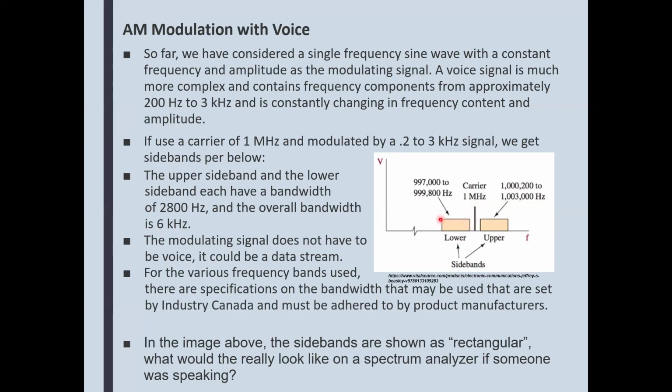It is going to create two sidebands, and the bandwidth of those sidebands is going to depend on two things: the frequencies present in the intelligent signal, and the ability of the equipment to carry them, or the settings of the equipment, which means I'm talking about filtering.